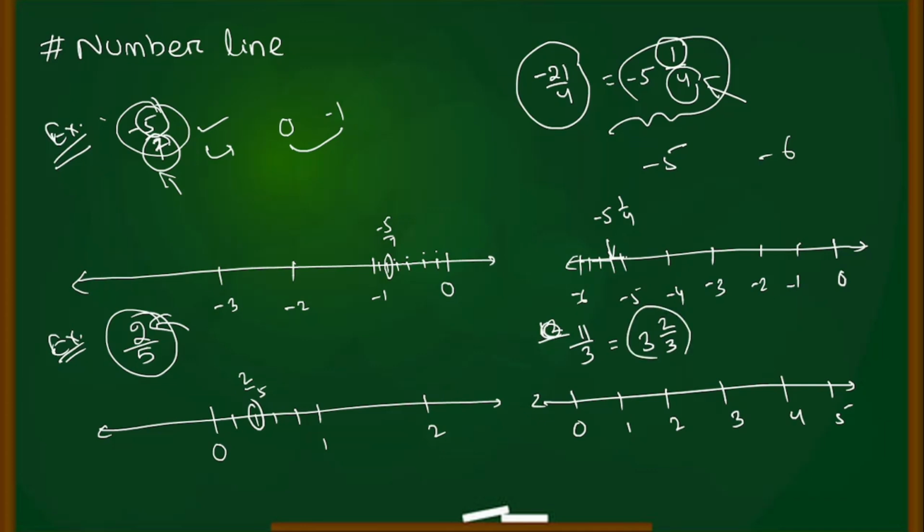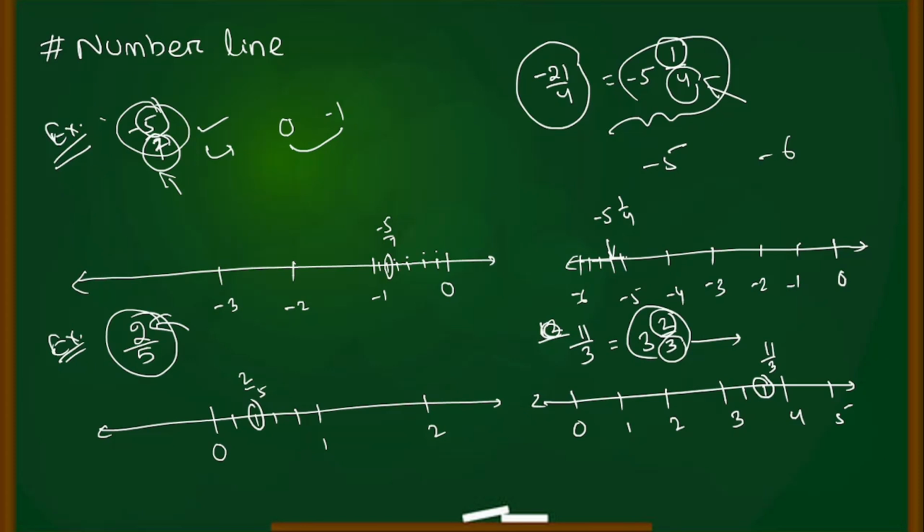Now divide 3 to 4 into 3 equal parts because the denominator is 3, means we draw 2 lines. Simply decrease 1, then draw 2 lines. 1 and 2 line. Yes or no? Now the numerator is 2, means the second line. This is the second line. So the answer is 11 by 3. All of you understand this method?